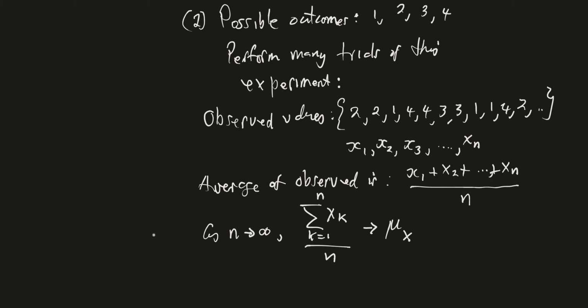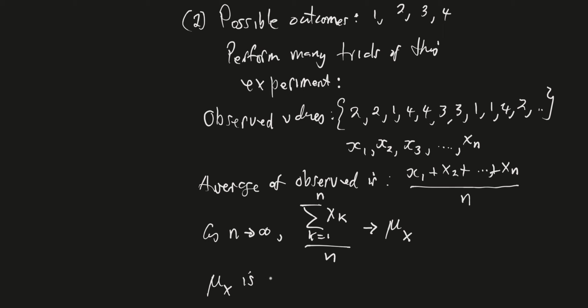And so for this reason, mu of x is often referred to as the expected value, right? But it's expected in the sense that it's a long-term average. So over a long period of time with many, many trials, we would expect that on average, the values will get closer and closer to this mean, right?